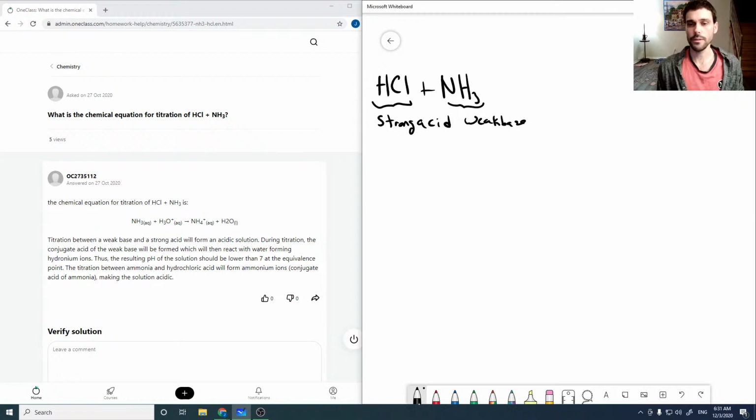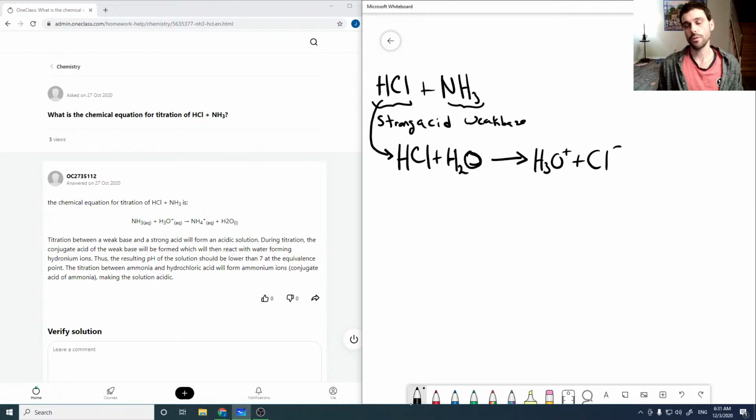The only reason this matters is because a strong acid we will always consider as a species that completely dissociates or completely reacts. So that means the arrow we draw is just one way.